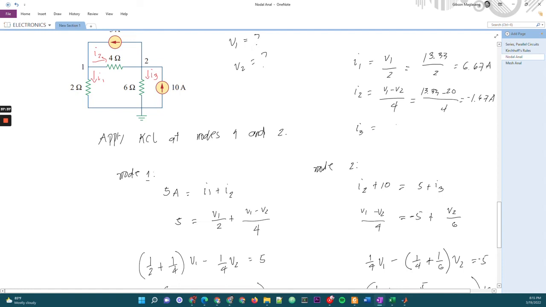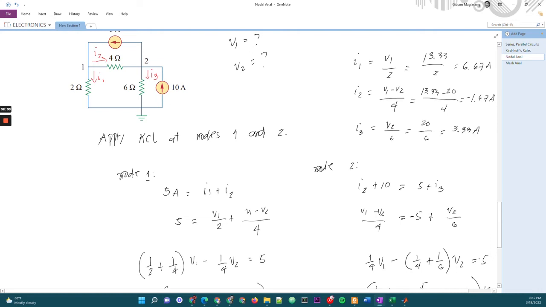Then ang imong I3, we have V2 over 6. Okay? V2 is 20 divided by 6. That would be 3.33 amp. Okay, so dito nakita nato negative na current, we have I2. It shows negative.